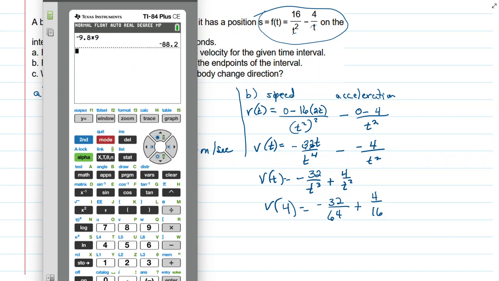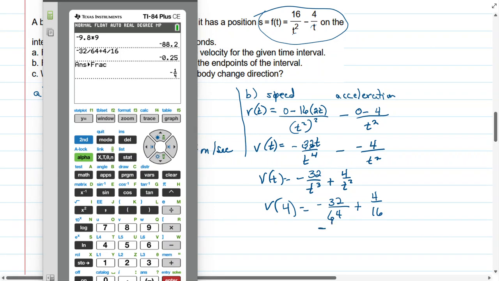Forgot the 2. That's pretty unforgivable. I'm just going to put in the 4 over 16. A fourth is what I got.